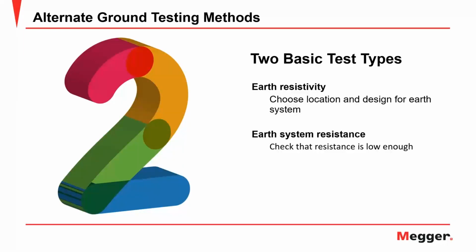Last week, we did resistivity, and that is the electrical properties of the soil itself, independent of any human interaction. And you use resistivity measurement primarily for locating and designing a grounding electrode. Now, once the electrode is installed, then you go to resistance measurement.